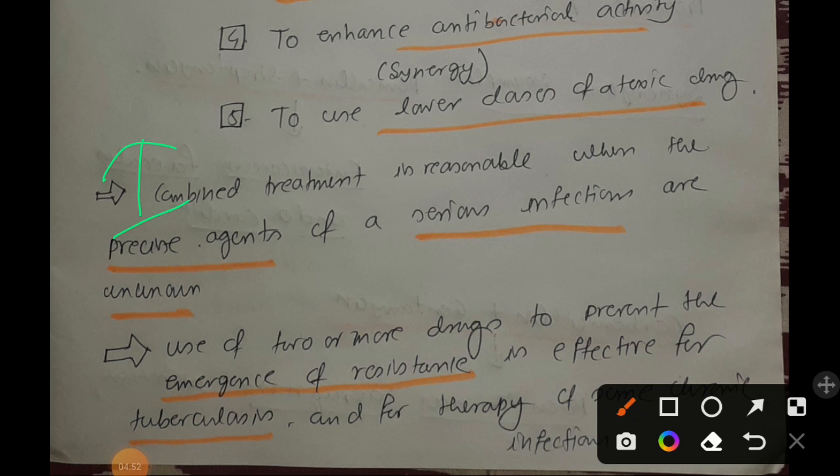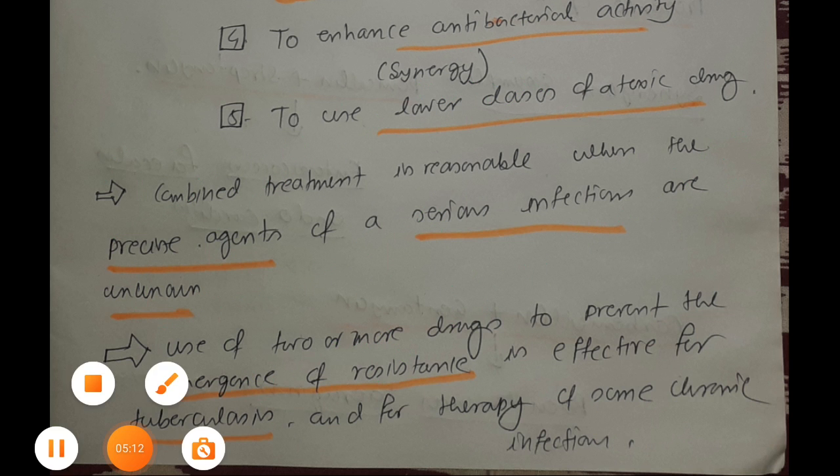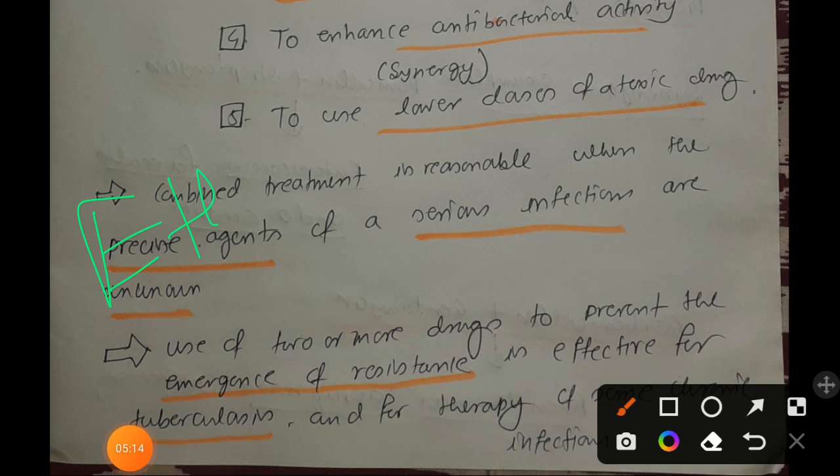One is isoniazid, rifampin, pyrazinamide, and the last one is ethambutol. So these 4 drugs we are using in combination to treat Mycobacterium tuberculosis infection.